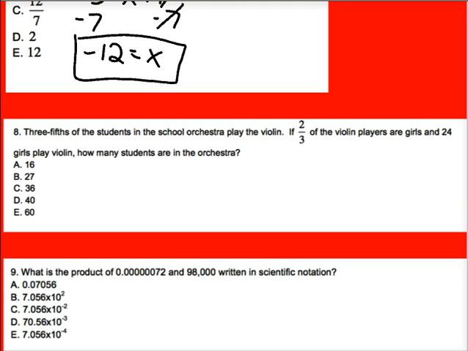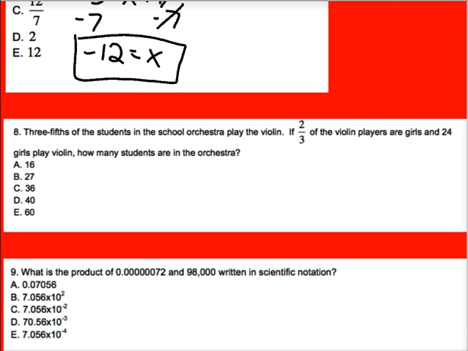3/5 of students are in the school orchestra and play the violin. If 2/3 of violin players are girls and 24 girls play the violin, how many students are in the orchestra? All right, so let's work backwards to solve this one. So I'm going to start at the end.